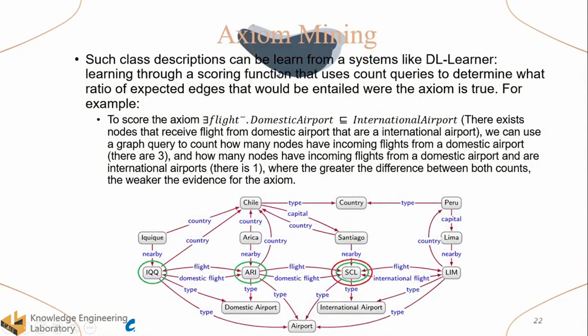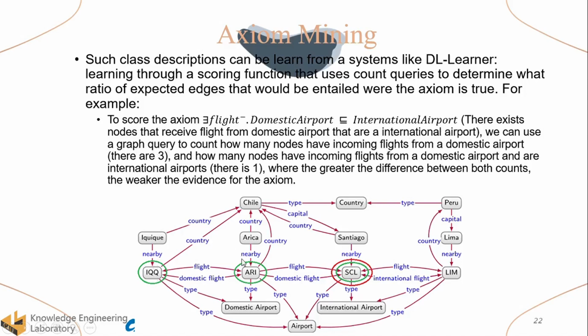Such a class description can be learned from a system like DL-Learner, which learns through a scoring function that uses count queries to determine what ratio of expected edges will be entered where the axiom is true. For example, to score this axiom right here, which means there exist nodes that receive flights from a domestic airport but that are also an international airport, we can use a graph query to count how many nodes have incoming flights from a domestic airport.